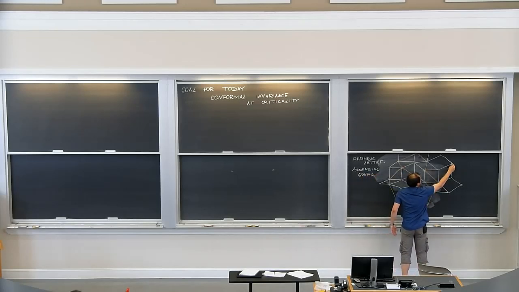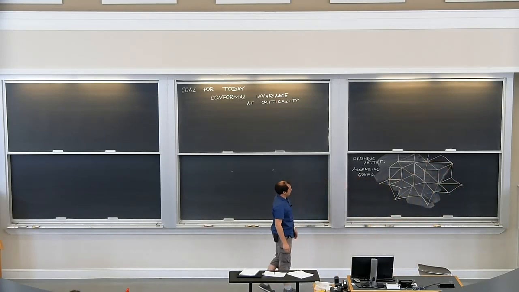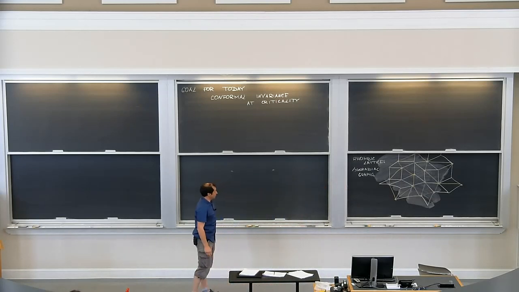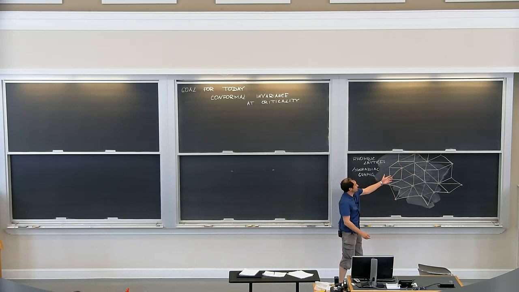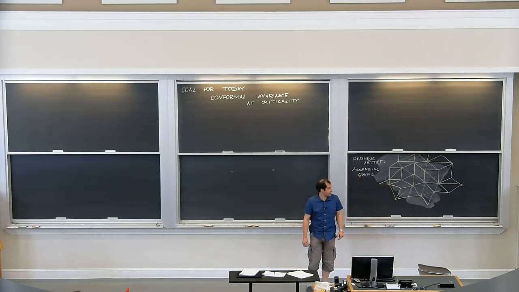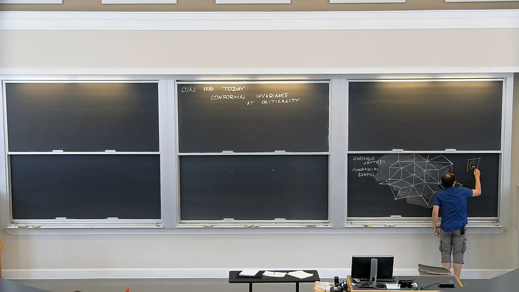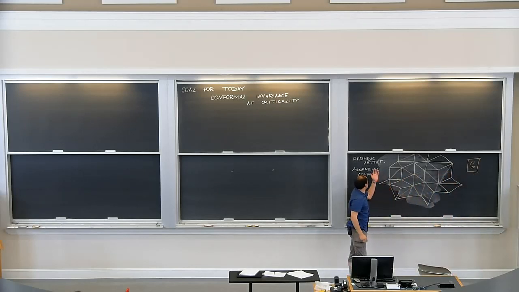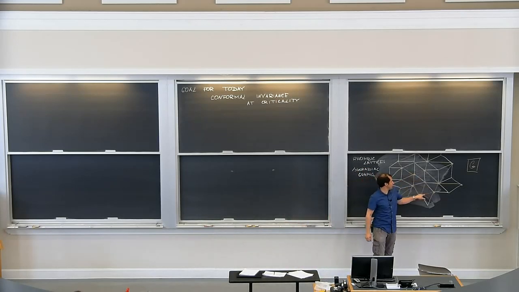This orange graph is my graph G. It is called isoradial because every face is inscribed in a circle, and here is the center of the circle.